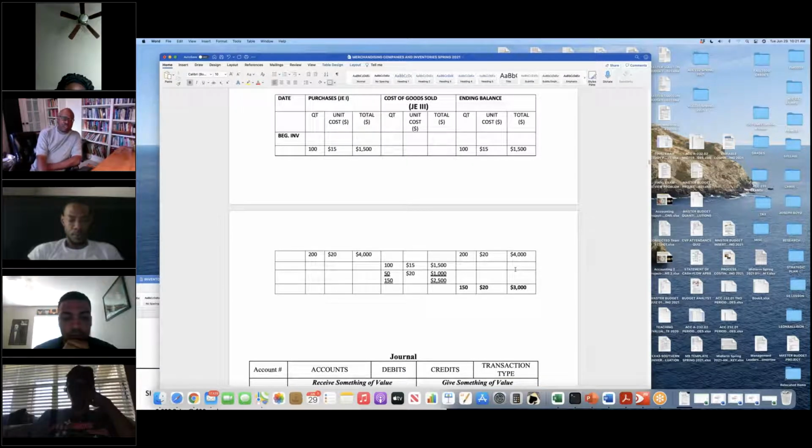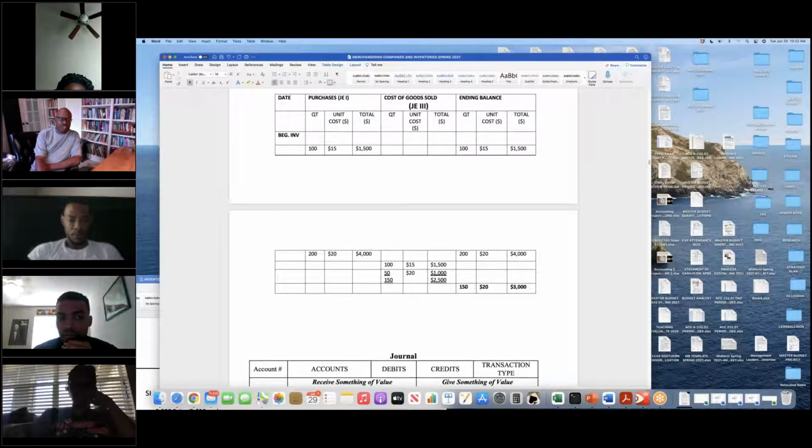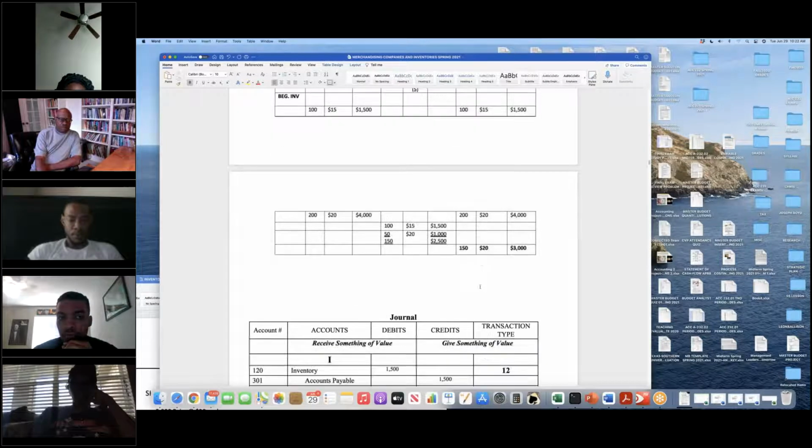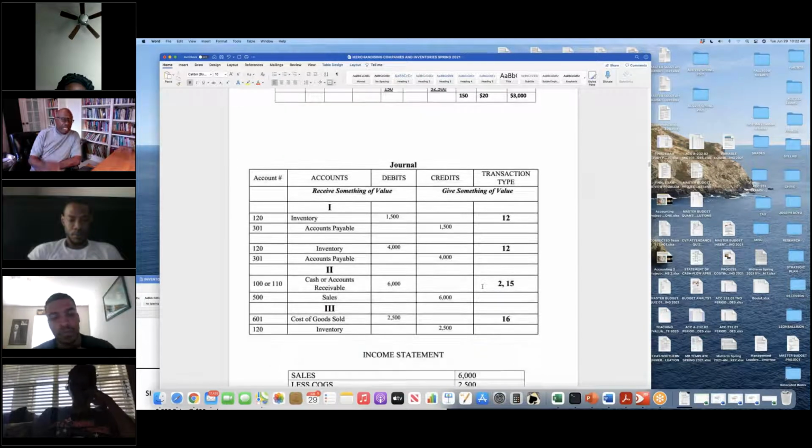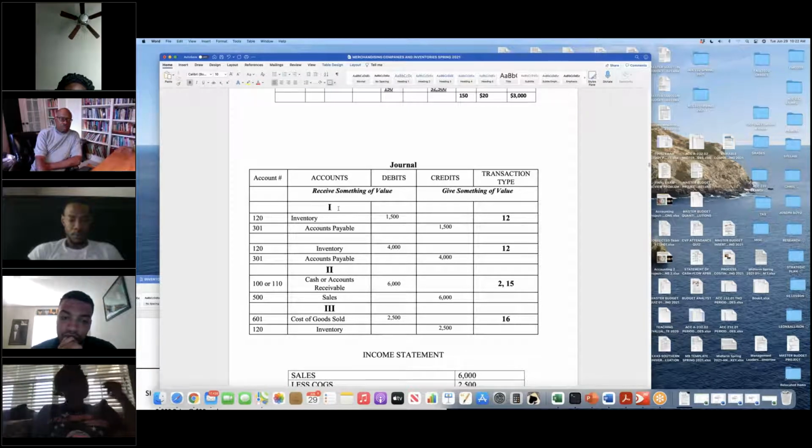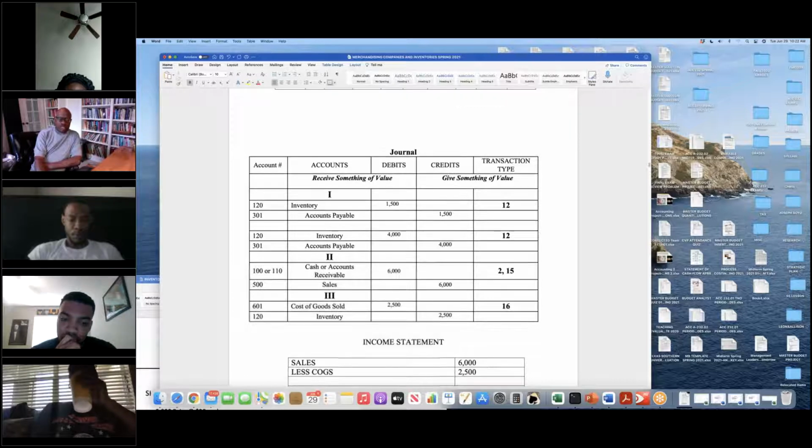And typically, these will be set up on a minimum order quantity so that once you get to a certain quantity, the inventories are automatically ordered. And the journal entries: the first one, the purchase journal entry, the sale journal entry, and the recording of the cost of goods sold.